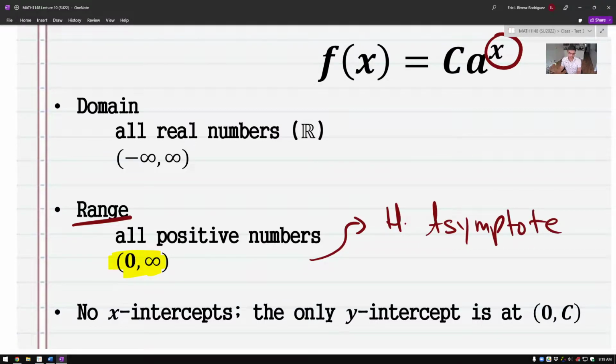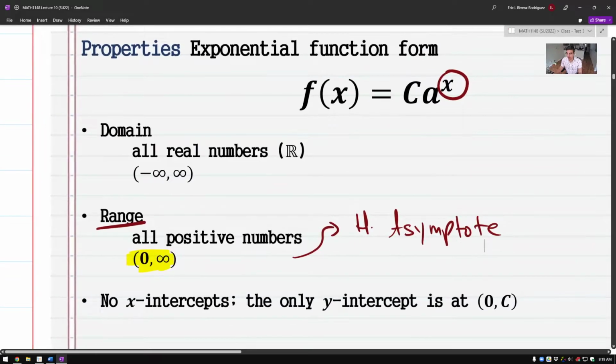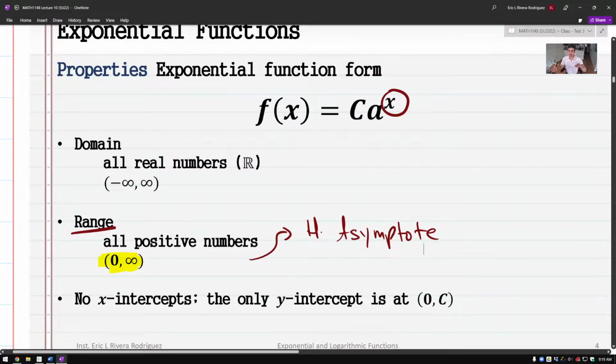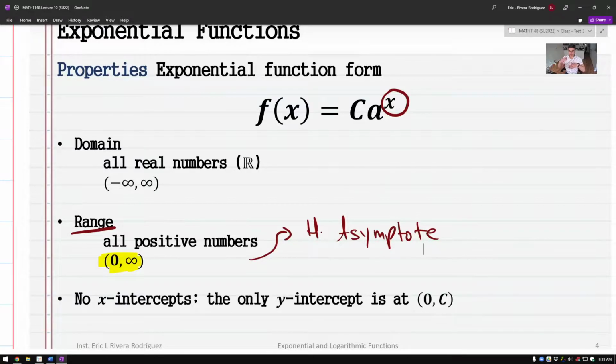And what is an asymptote? An asymptote is a line in the plane that will determine two regions of the plane based on the function that we are working with. Okay, and usually horizontal asymptotes mark a region where we are not going to have any kind of value or curve for that function.